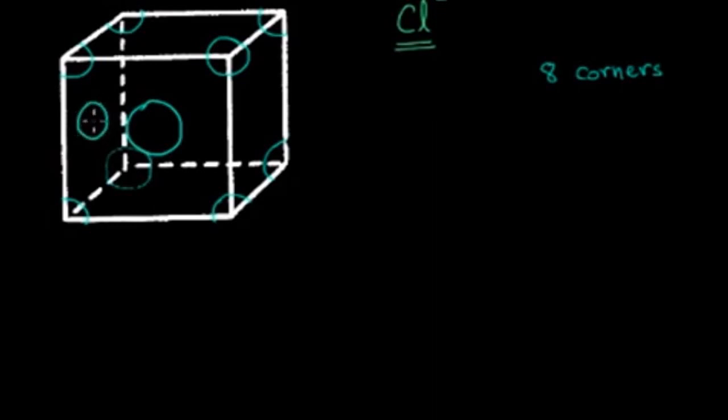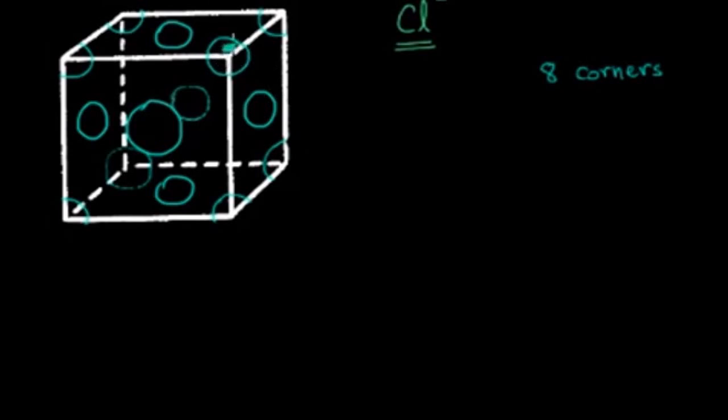One over here, one at this side, one at this face, one at this top one, and one at the back, which I have shown in this dotted way. So 6 chloride ions will be present at these 6 faces, but each face of this unit cell is shared among 2 unit cells.